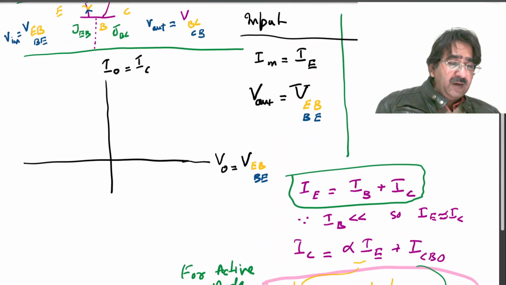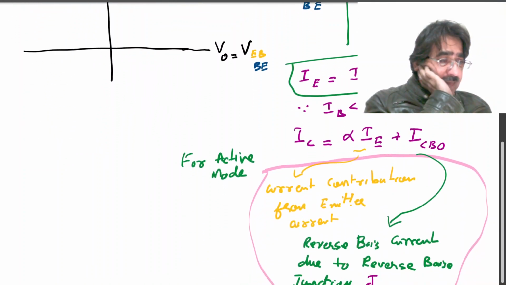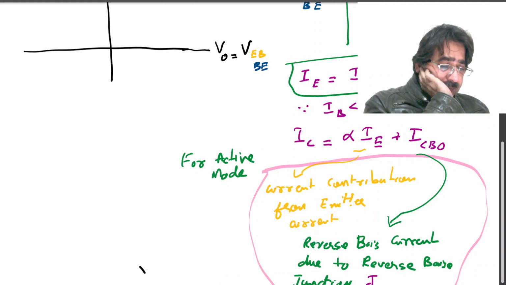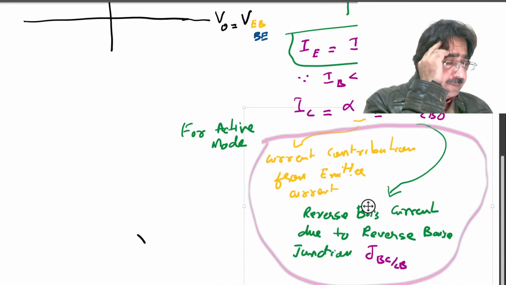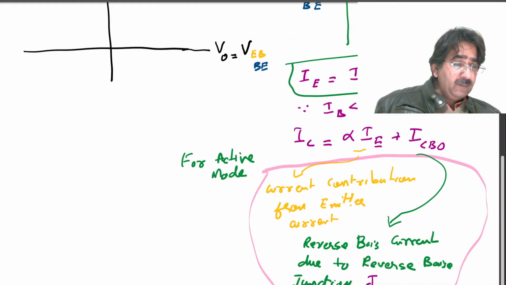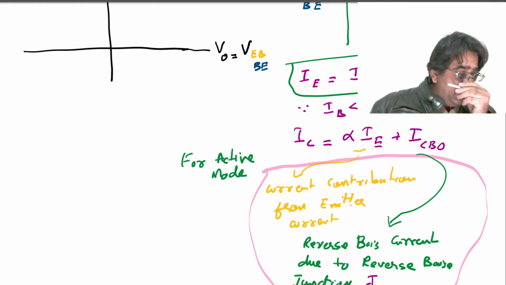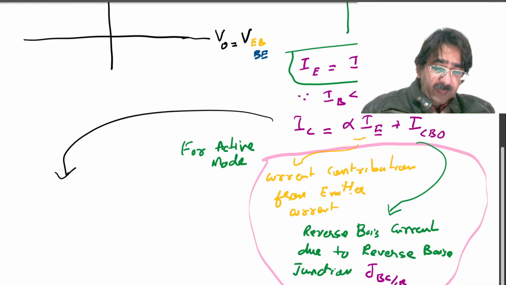So if I draw the graph for active mode, because this is equal to this, as we know that IC is equal to alpha IE.